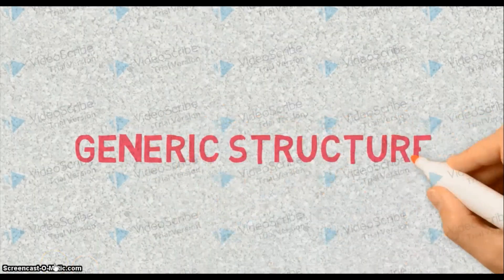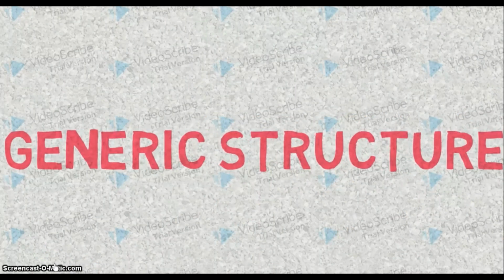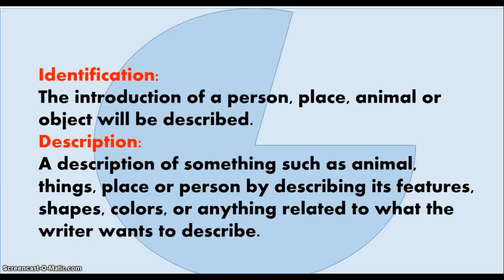We are going to talk about the generic structure of a descriptive text, or susunan umum sebuah teks deskriptif. Usually, a descriptive text consists of identification and then description. In the identification, the writer is trying to introduce the person or the thing that he or she is going to describe.